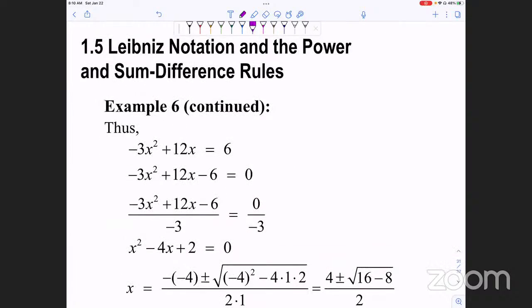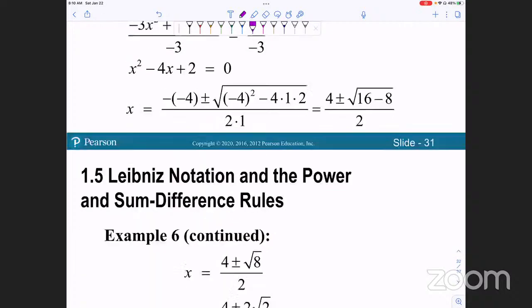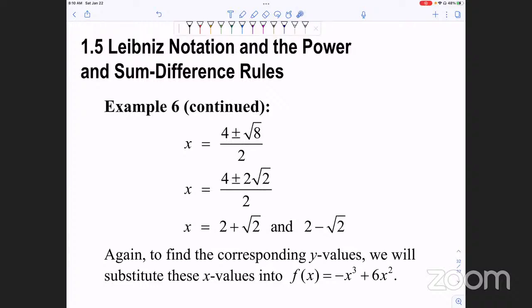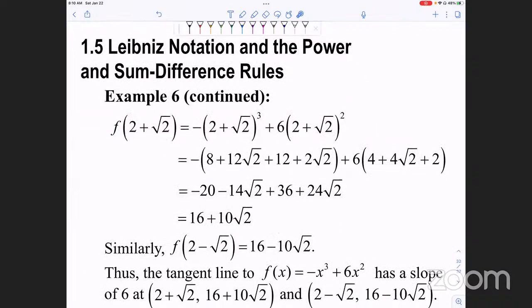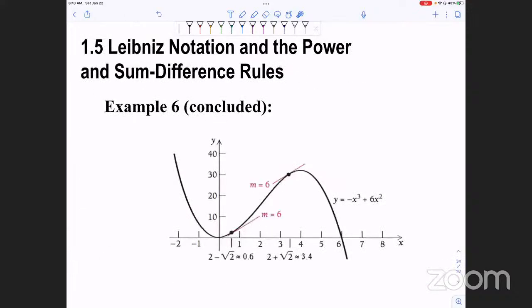We got 2 plus or minus root 2, plug it into the original, and it's 10 root 2. Exact results there. These are points where the slope of the tangent line is 6.